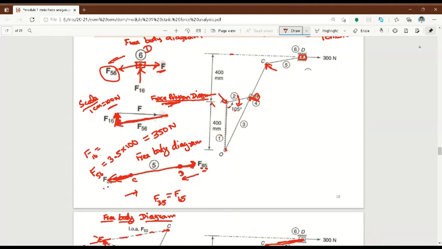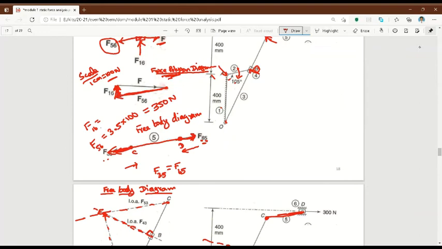Wait, let me erase and show you again. This point is C. F35 and F53, which we have drawn here, are the same.